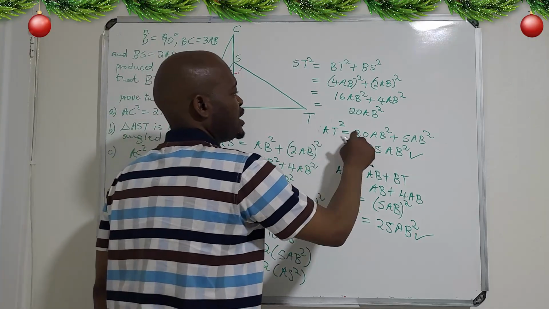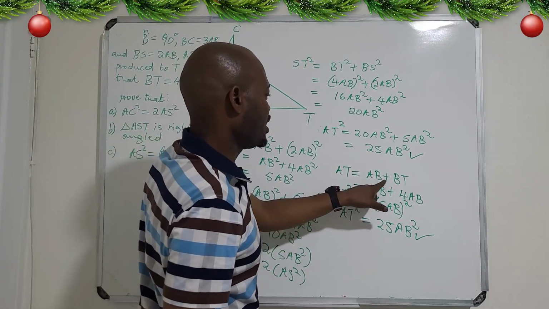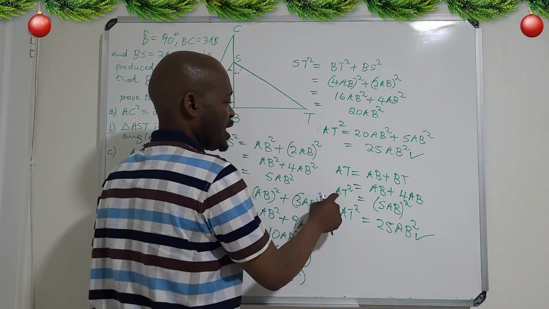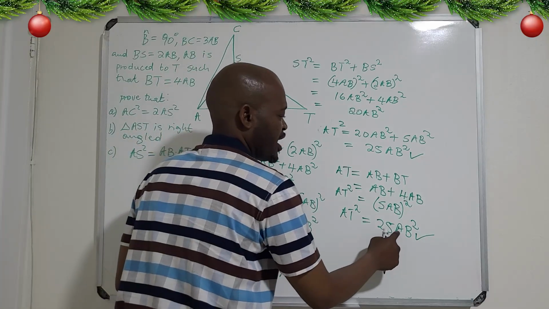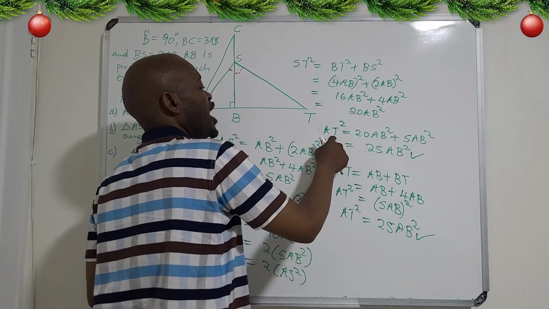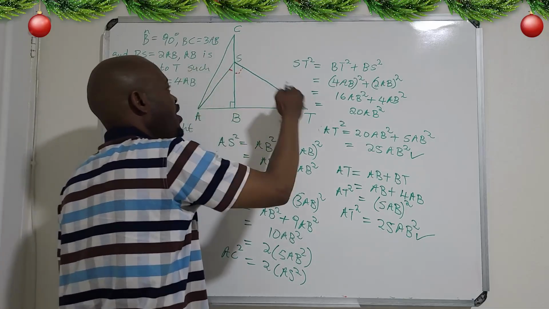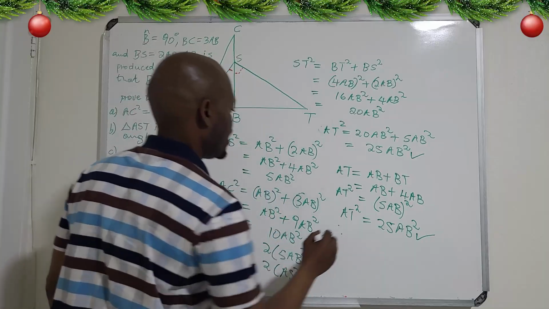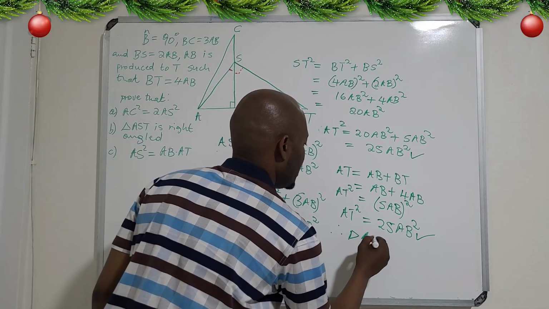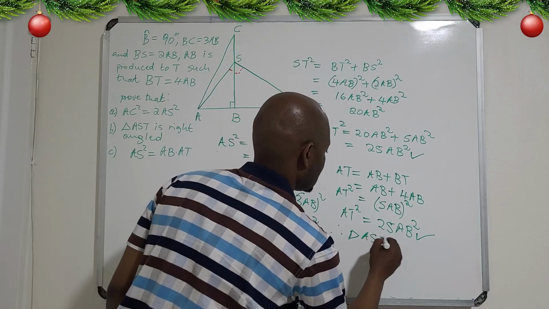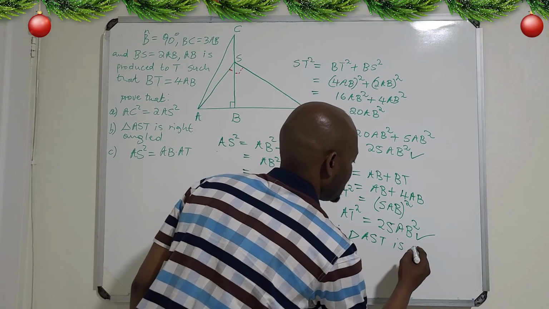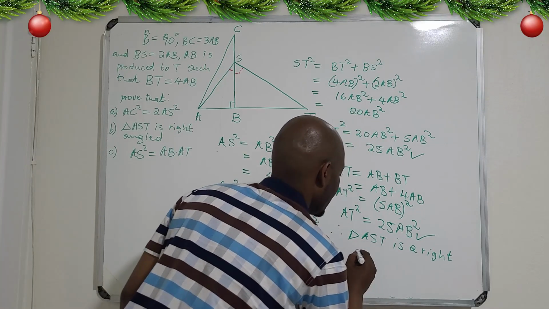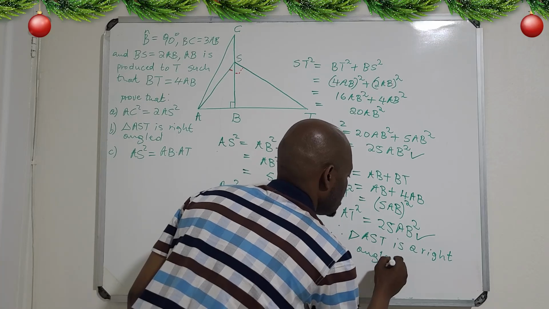AT squared is equal to AB plus BT squared, which is 25AB squared, which is equal to AT squared when we used Pythagoras theorem. Therefore, triangle AST is a right-angled triangle.